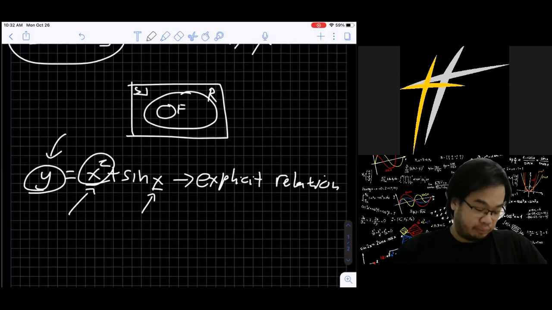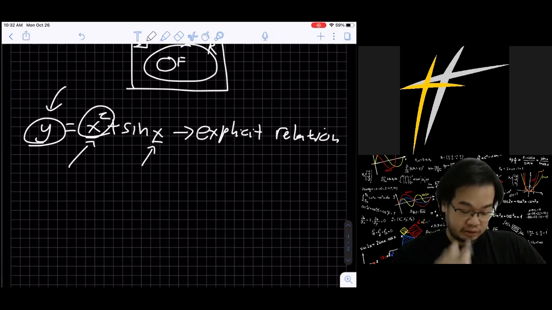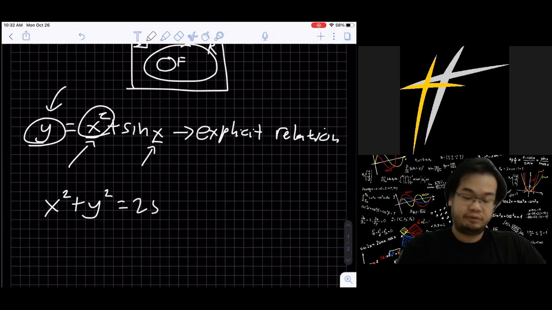Now, another example, if x and y appear in the equation such as x squared plus y squared equals 25, then there is an implicit relation between x and y because it is only implied that y is a function of x. So x squared plus y squared equals 25 is called an implicit relation.